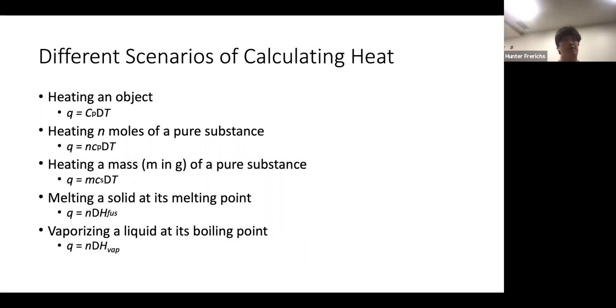This right here is your molar heat, and this is your specific heat. That is Q equals m C sub s times delta T.